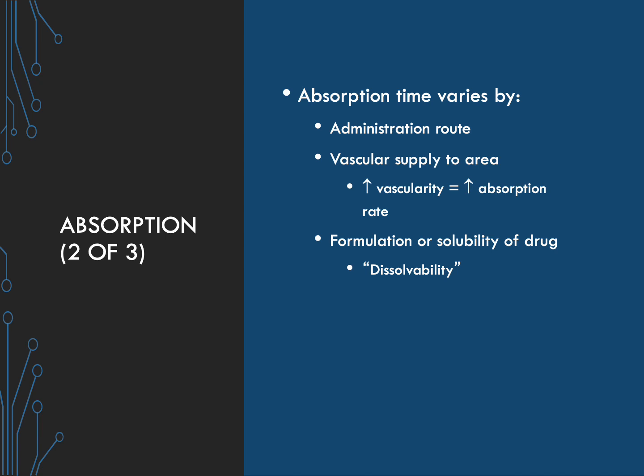Before a drug can be absorbed, it has to be dissolved. Remember, solubility equals dissolvability. So administration route, blood supply to the area, and drug solubility are 3 major factors that impact absorption. If the vascular supply to the area is significant, then it's going to absorb more quickly. But if there's not a lot of vascular supply, then of course it's going to absorb a lot more slowly.